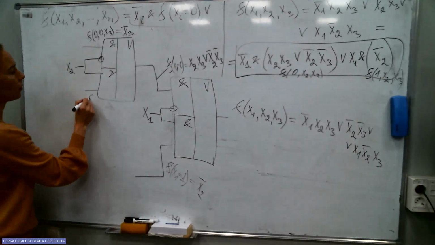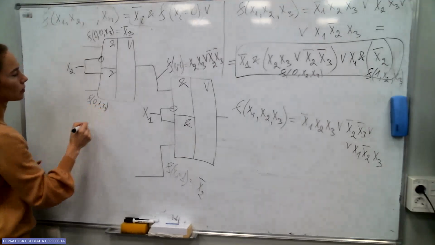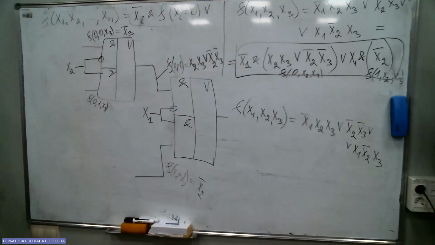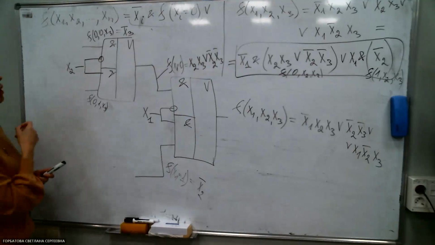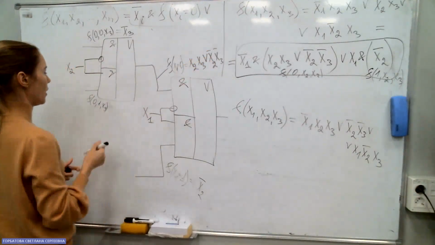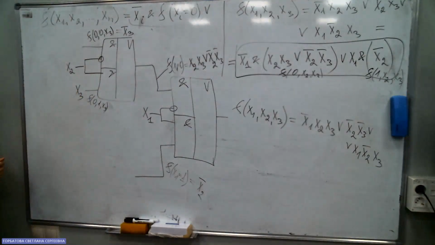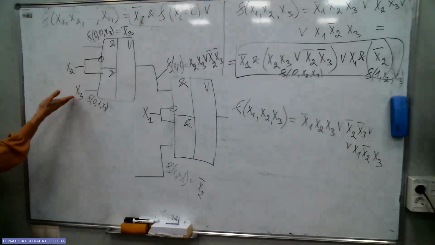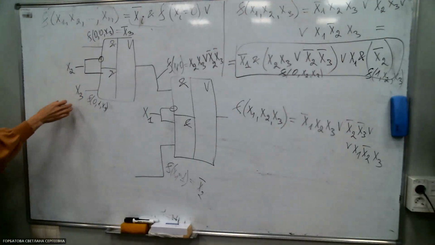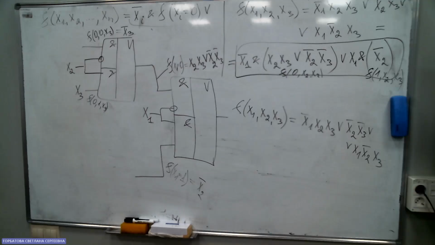Here f of 1, x3 gives x3. Not 1, not x3, so x3 is the simplest: just a variable without operation, just a simple input.